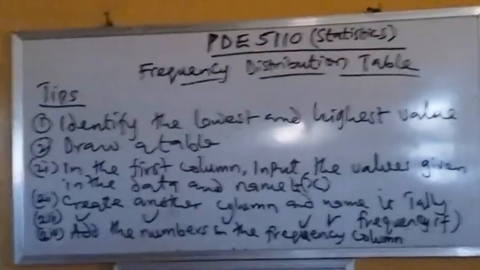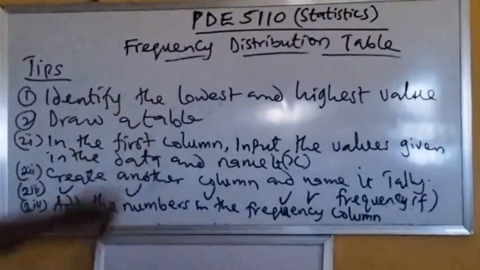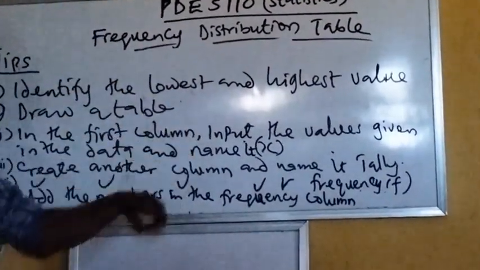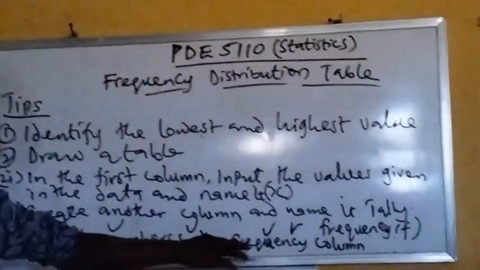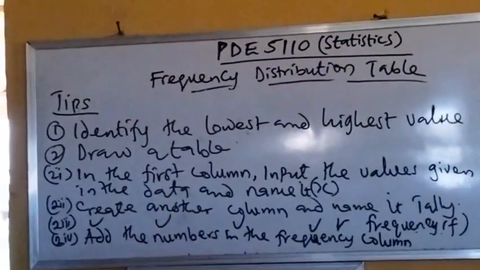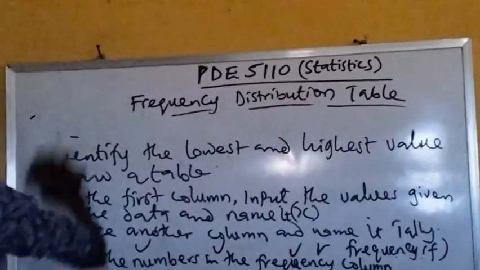Then create another column adjacent to the first one and name it tally. Then create another column adjacent to tally and name it frequency. The last one, you add the numbers in the frequency column, adding everything together in the total. Now, we want to look at this question. Exercise 1.